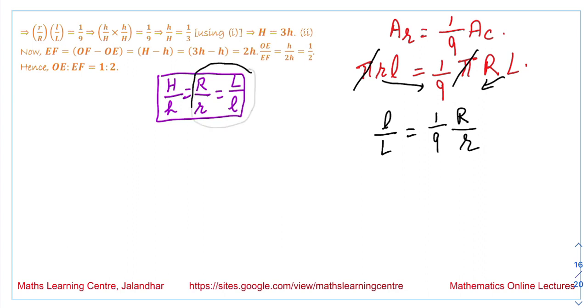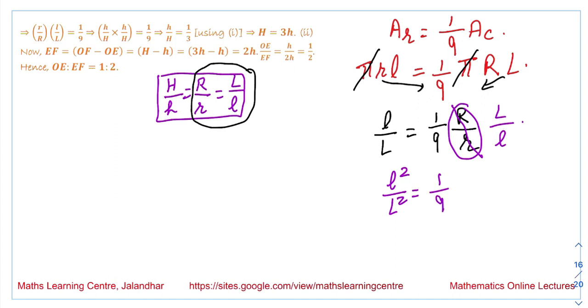What is the value of capital R over small r? We can substitute it with capital L over small l. So we are getting l square over L square is 1 by 9. This gives us small l over capital L is 1 by 3. So we are saying this ratio L over l is equal to 3 over 1.